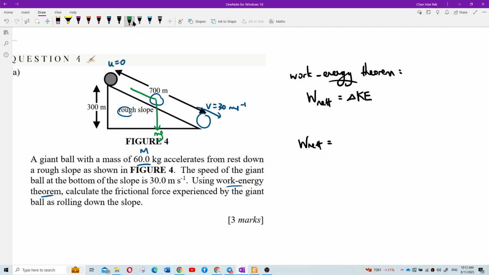We have the friction. We have the normal force, class.